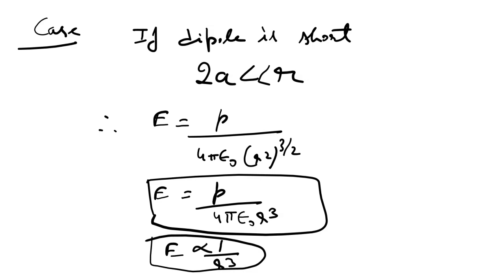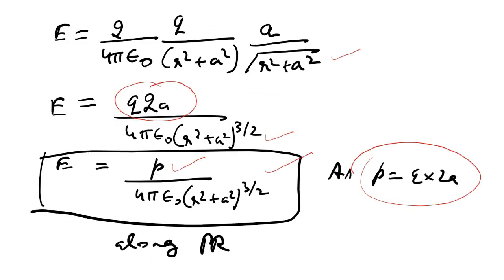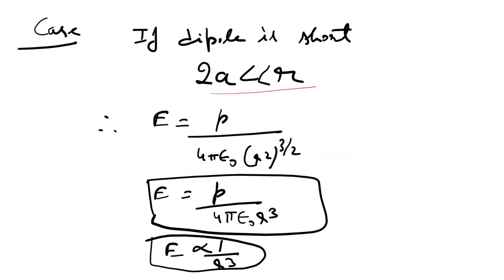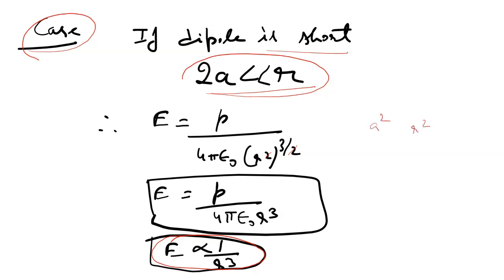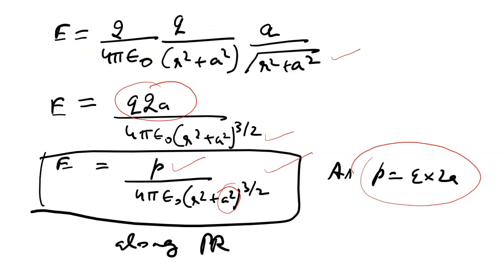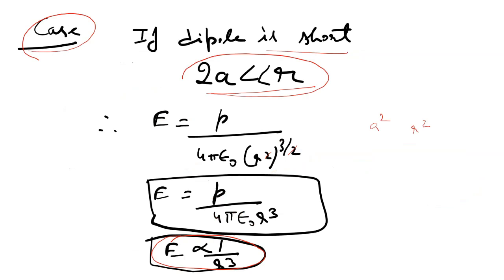Now the special case: if the dipole is short, 2a is very much less than r, then we can neglect a square compared to r square. Then E equals p upon 4 pi epsilon naught r square to the power 3 by 2, and the 2 and 2 cancel out.